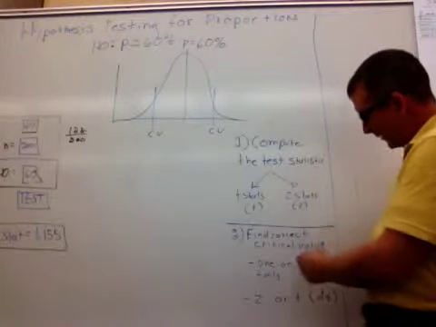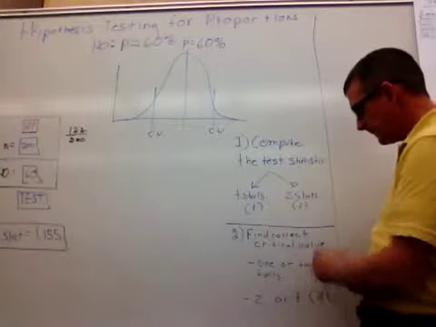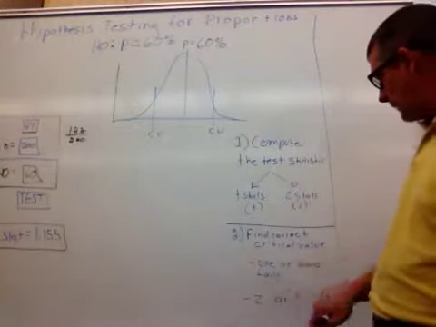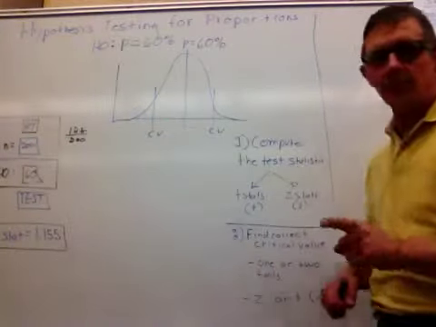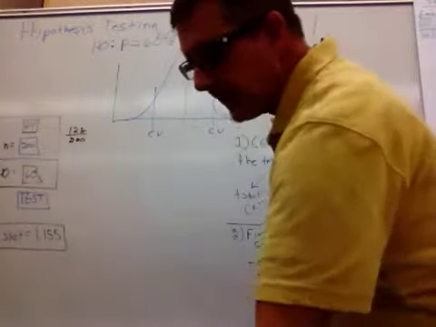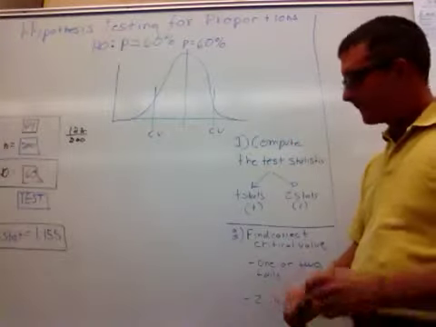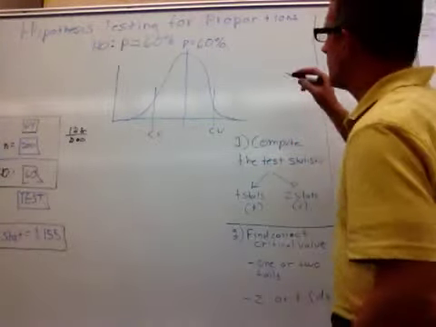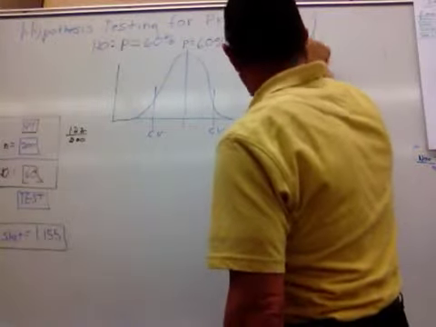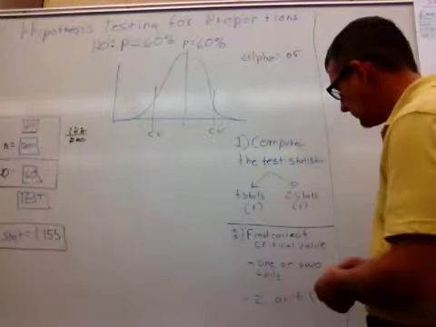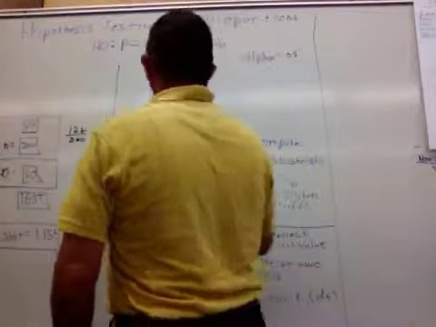Second step, I got to find the correct critical value for a two-tailed test. Now, it's not a one-tail, it's a two, and I'm going to use the z distribution. Well, on that last table I gave you, there is a z at the bottom and a t at the top. So I go to the bottom, and if I have an alpha of 0.05, then at the bottom of the table, the two-tailed z critical value is 1.96.